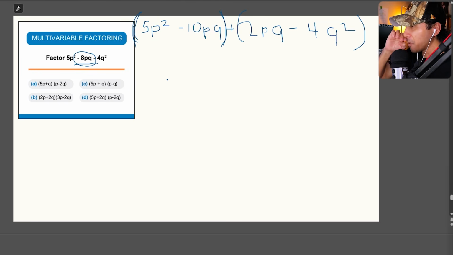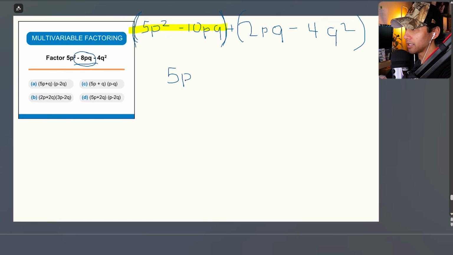Okay. So now we're going to have to take out the greatest common factor for each term. So let me just start with the left side. The left side I'm going to highlight in yellow. Okay. So we have 5p squared minus 10pq.